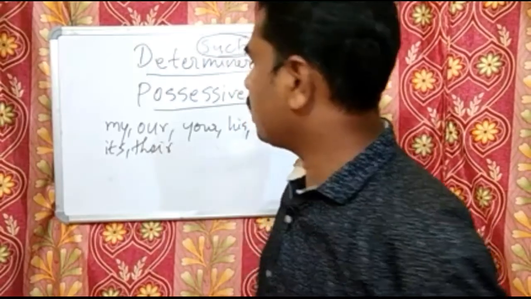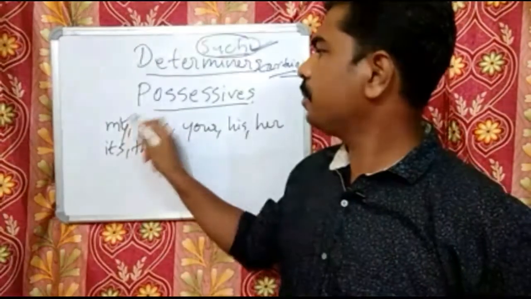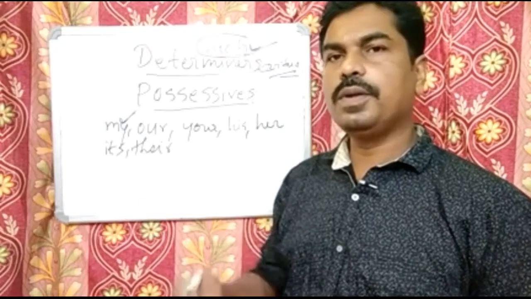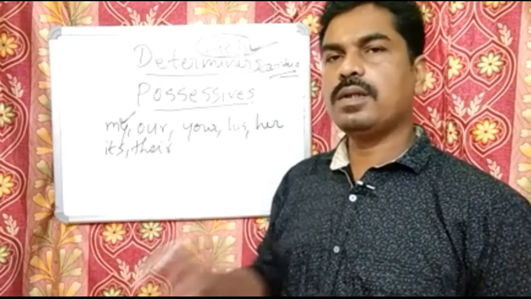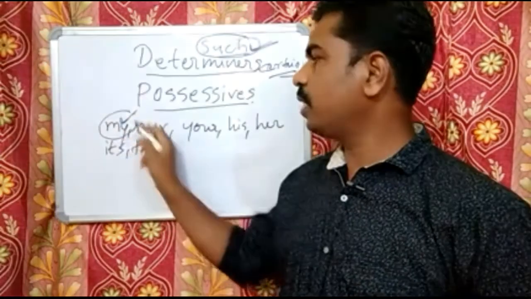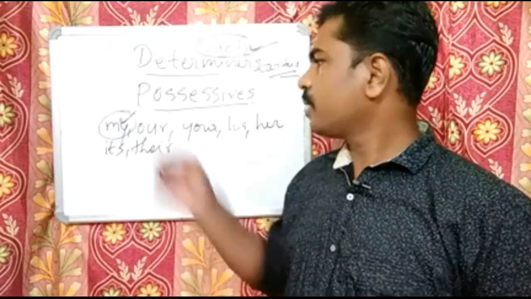I repeat once again, something that belongs to me, I'll use my. As I told you, this is my book, this is my house, this is my pen. So when it belongs to me, when I talk about something of which I'm the owner, I'll use my.